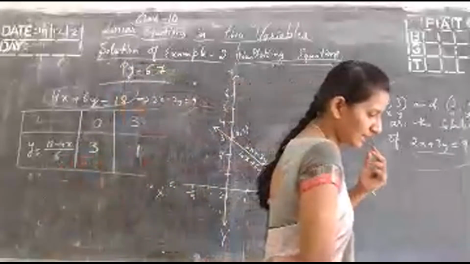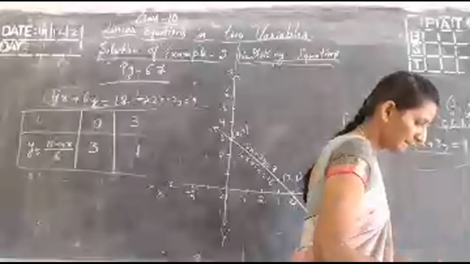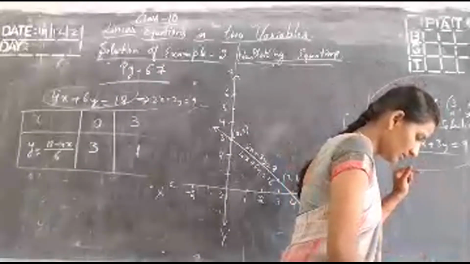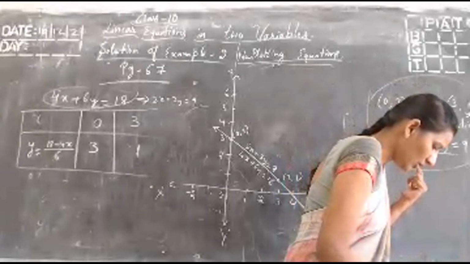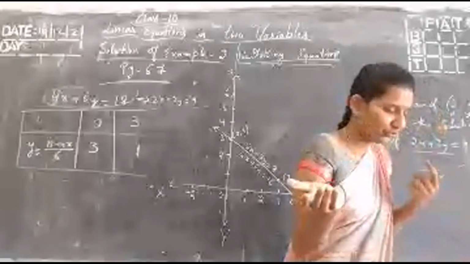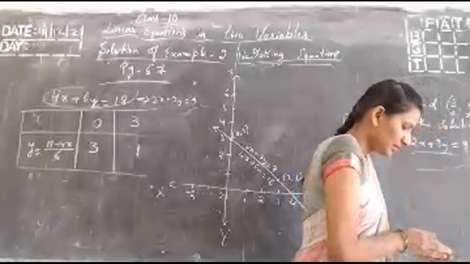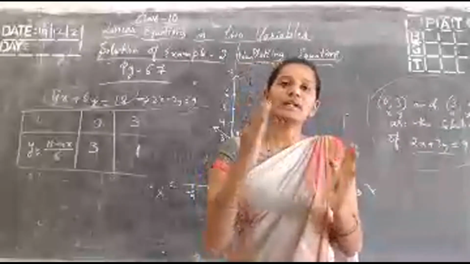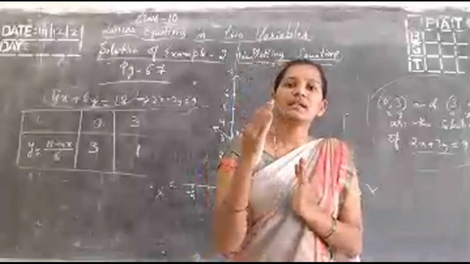Let's move on to the second example, the third example. The first one I didn't do because the question is very long. That's why. It is one and the same method, but if you want, you can do it for homework. See, in the third example, there is no need to write by using the statement. They are given directly, the equations.